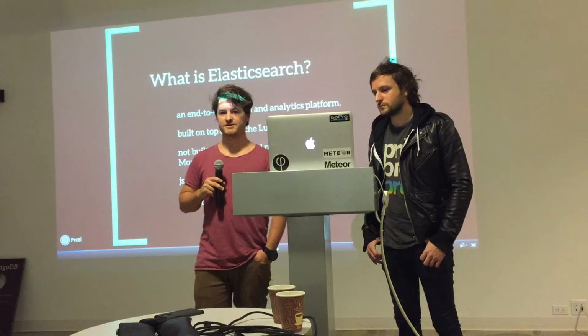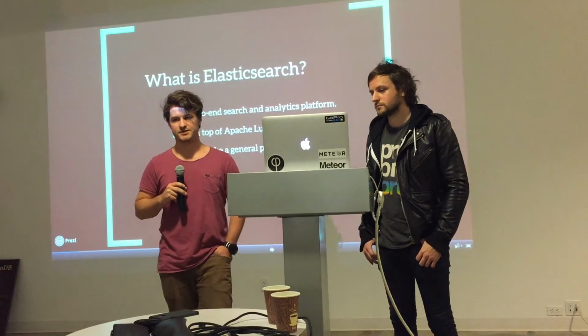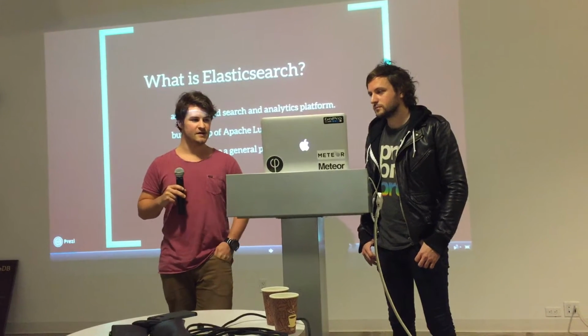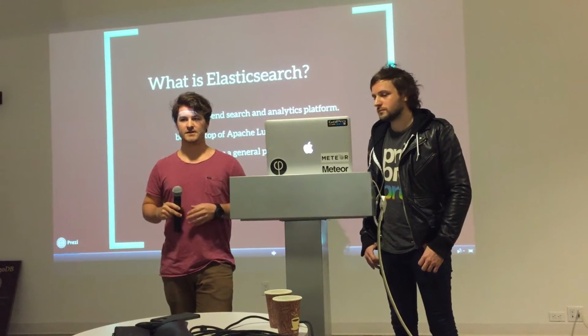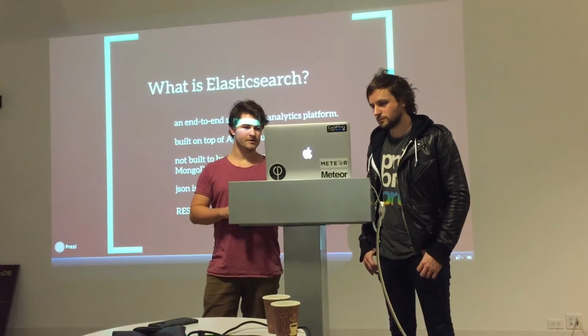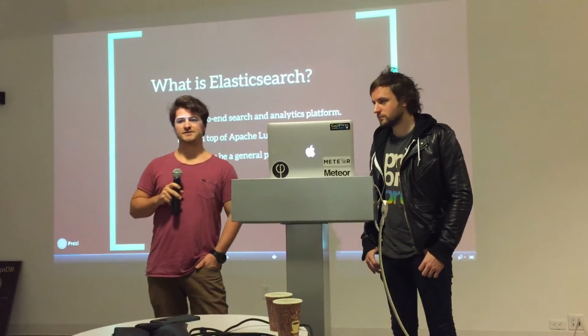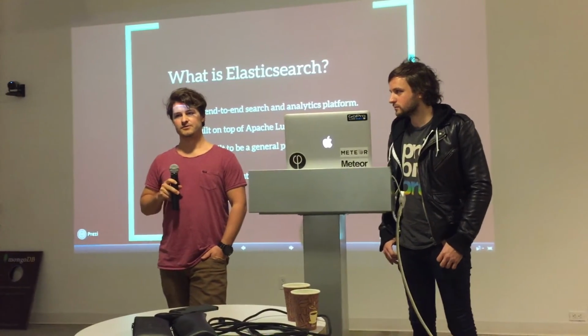It's built on top of Apache Lucene, and so each shard in Elasticsearch is basically a Lucene index, and Elasticsearch provides the APIs on top of that to really make it useful and easy for developers. So you're not going to use Elasticsearch as your general database.